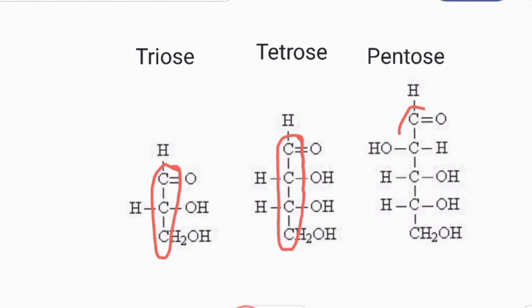So they have 5 carbon atoms in the structure. Example, the pentose sugar, ribose, which is a structural component of ribonucleic acid, a nucleic acid.